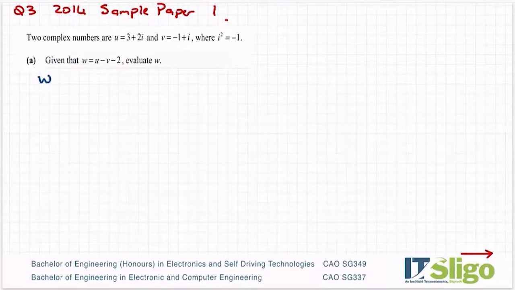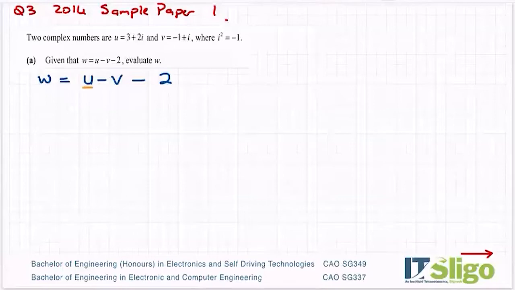Okay, so w is equal to u minus v minus 2. So instead of u, I'm putting in 3 plus 2i. Okay, I have a minus here. Let's put him in. Instead of v, let's change color so you can see each bit that I'm doing.